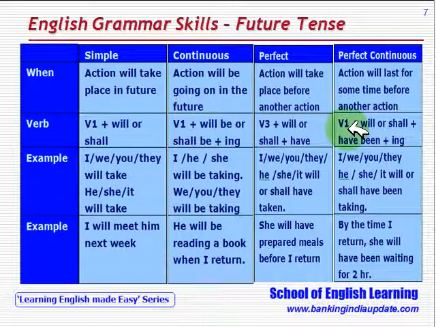First form of verb plus will or shall plus have been plus ing. For example, I will have been taking, we will have been taking, you will have been taking, they will have been taking, she will have been taking, he will have been taking, it will have been taking.